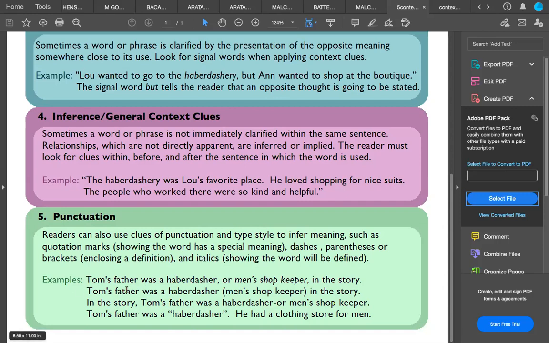In the story, Tom's father was a haberdasher, and then in parentheses, men's shopkeeper. Tom's father was a haberdasher. He had a clothing store for men. And that's all the examples given there in regards to punctuation.